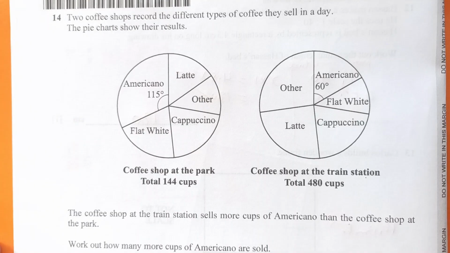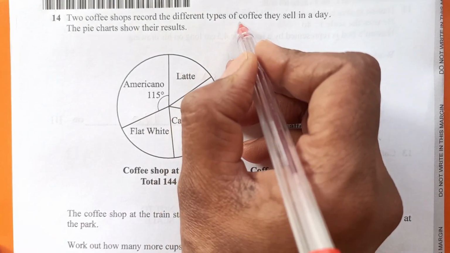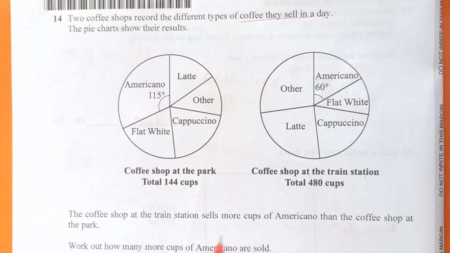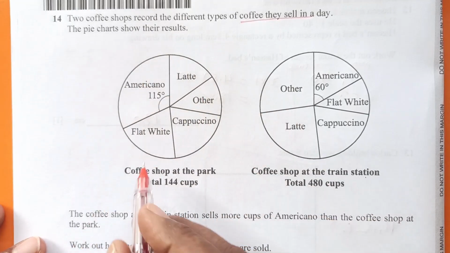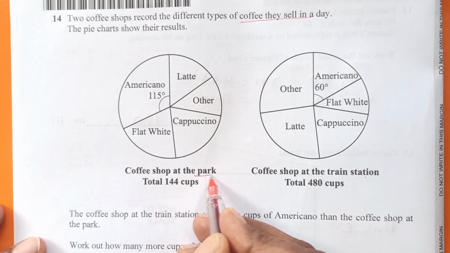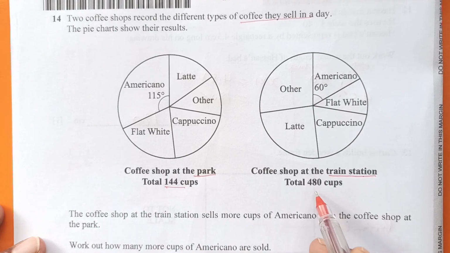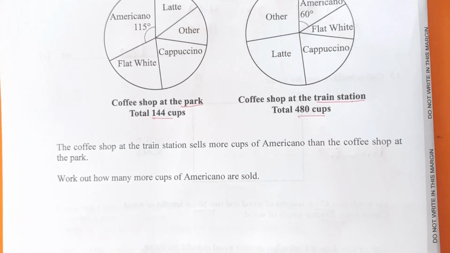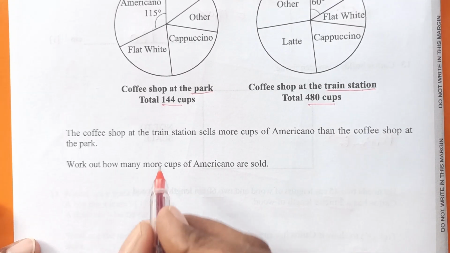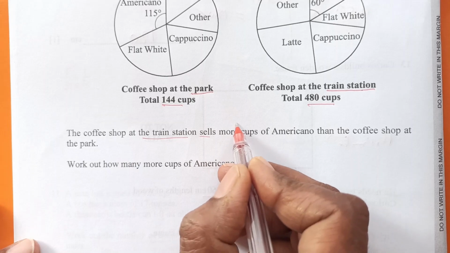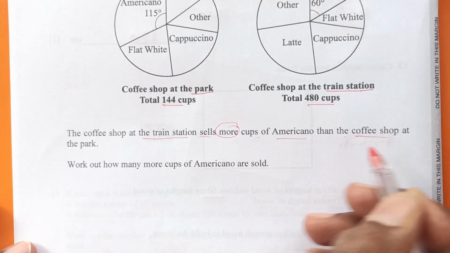Number 14. 2 coffee shops record the different types of coffee they sell in a day. The pie chart shows their results. So these are 2 pie charts: coffee shop at the park and coffee shop at the train station. The total number of cups is given differently. The coffee shop at the train station sells more cups of Americano than the coffee shop at the park.